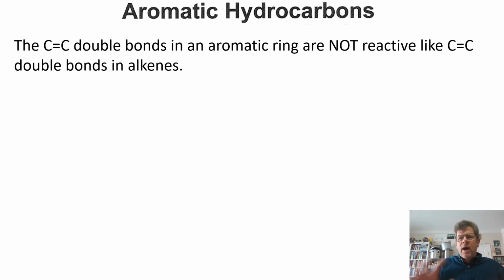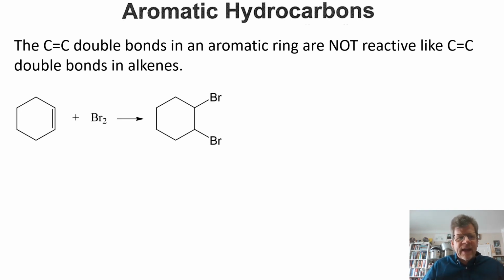And I can show a side-by-side example. If I had an isolated double bond, like I have on my starting material over on the left, and if I treated that with molecular bromine, I'd get a spontaneous reaction to get this dibromo species over here on the right.